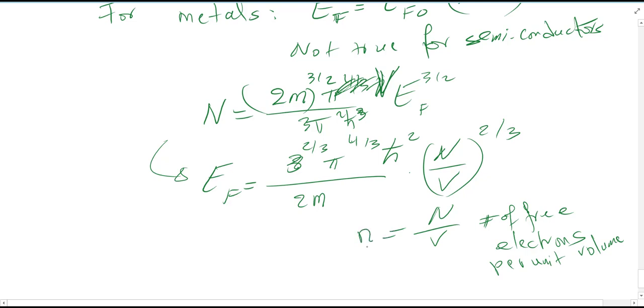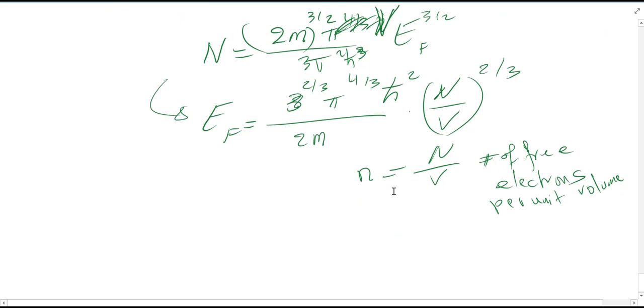I really didn't want to write it as n, but when we did chapter 25, we expressed this as the density of carriers, and this is the symbol we used for it then, n equals N over V. So this is a direct correlation between the Fermi level and the number of free electrons, or charge carriers, per unit volume. This is an important one. M, of course, is usually the mass of the electron, and h bar is just a constant, so the number of free electrons per unit volume is the only thing that matters in terms of the different materials. This is what you're going to be needing for your homework problem.